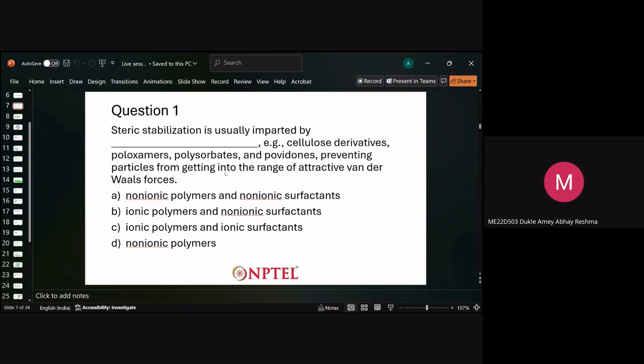Non-ionic polymers and non-ionic surfactants, ionic polymers and non-ionic surfactants, ionic polymers and ionic surfactants.